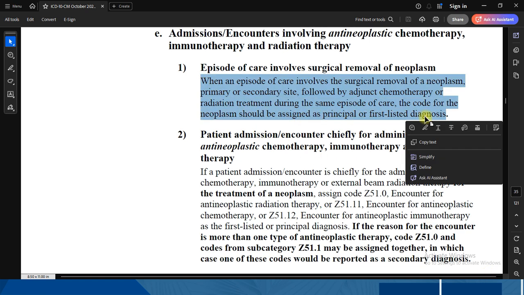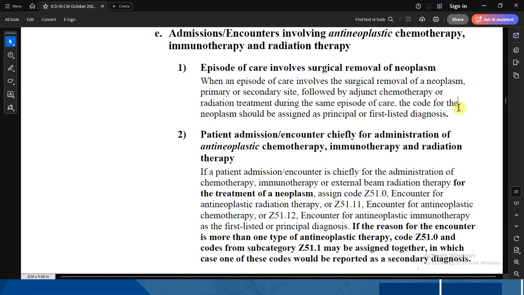For example, the patient is having breast cancer. Today the patient came in and the physician has performed excision of the breast. After performing breast excision, if the patient undergoes any type of chemotherapy or radiation treatment during the same episode of care, we need to code the reason for the surgery, which is breast cancer.